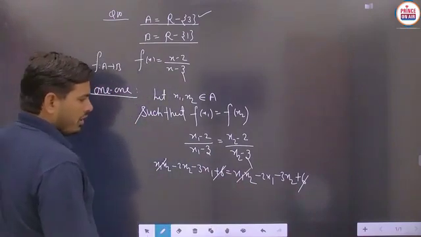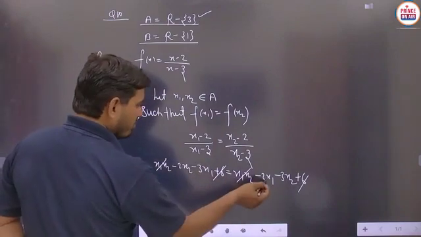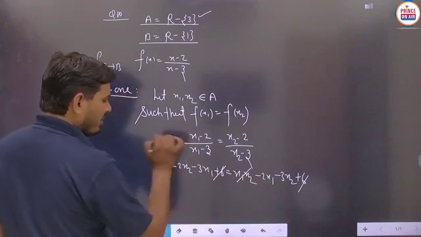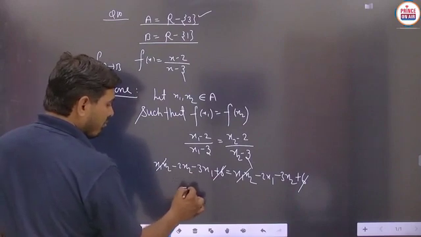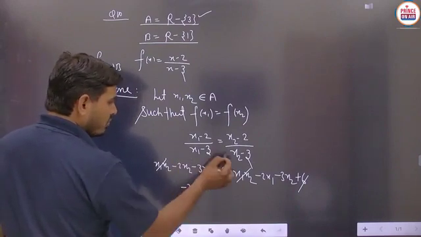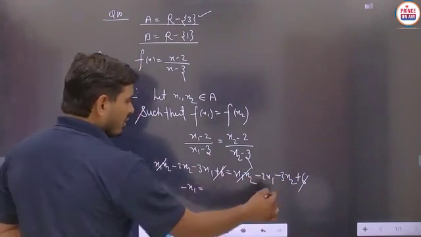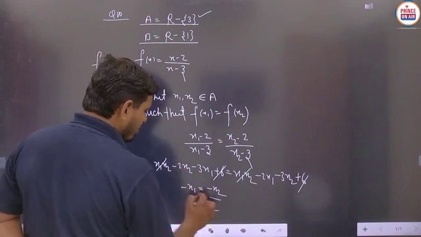Now you can shift the 3x1 or minus 2x1 or 2x2 to this side. So minus 2x1 will become plus 2x1. So minus 3x1 plus 2x1 will be minus x1, and this part is shifted here, then minus 2x2 becomes plus 2x2 on this side. So this will be minus x2, and you obtain the situation x1 equals x2.